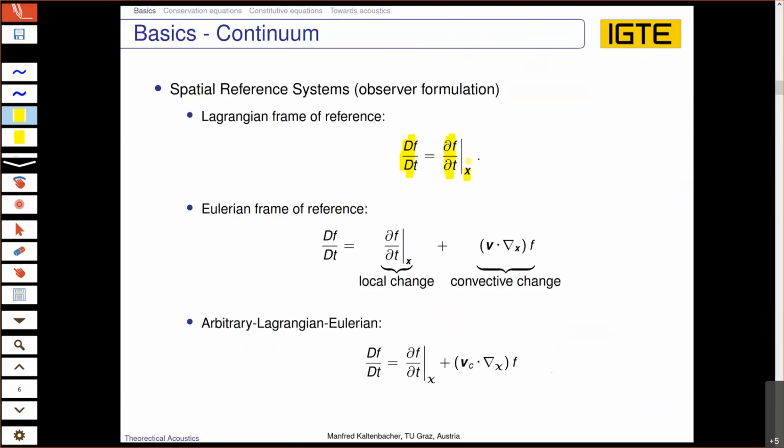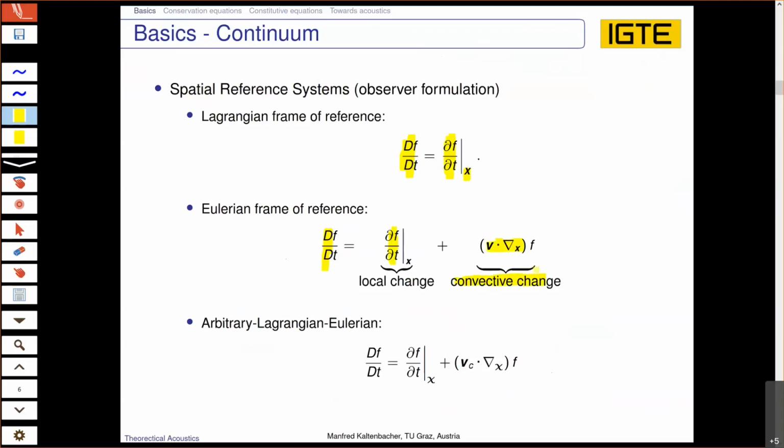In the Eulerian frame, we always have the small x as the position vector. As you can see here, we have exactly what we derived for the density two slides before: the local change with respect to time and the local change with respect to space, which is connected with the velocity, and we call it the convective change.